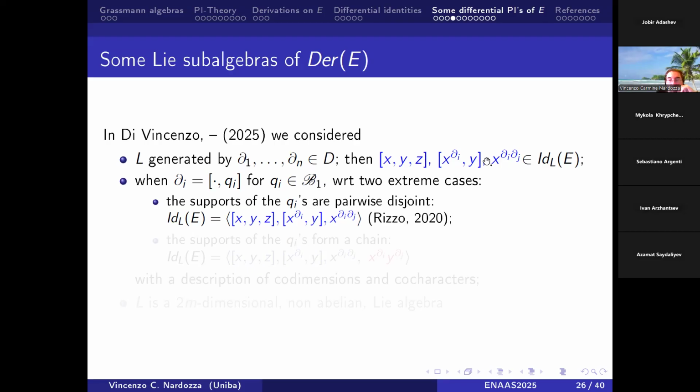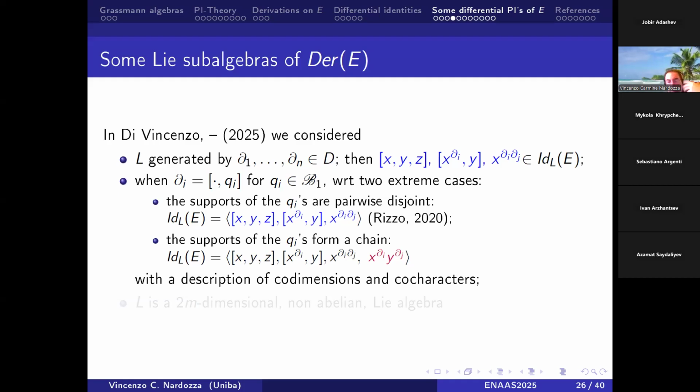In this case, these three are precisely the generating set of the ideal of identities of E. And then the opposite case, in some sense, is when the supports are not pairwise disjoint, but form a chain. In this case, the identities of E follow from these polynomials, where these first three writings are the same as before. One has to add this further writing.